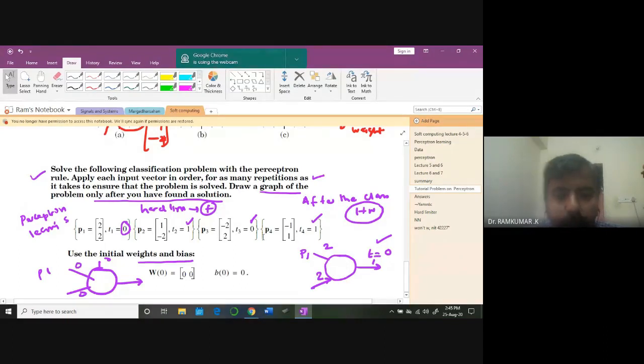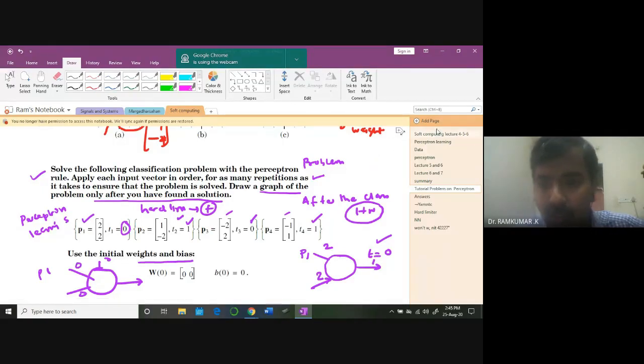Do you understand the problem? Every one of you. Can somebody put in words what you are expected to do? What is the problem statement? It has 4 patterns: pattern 1, pattern 2, pattern 3, and the labels are given.